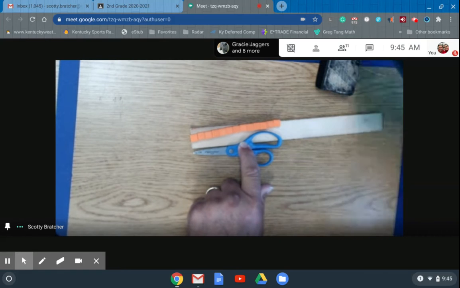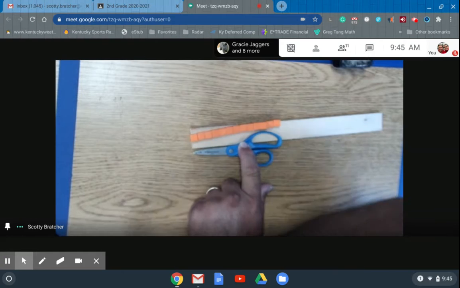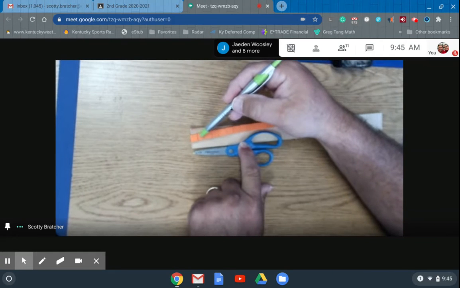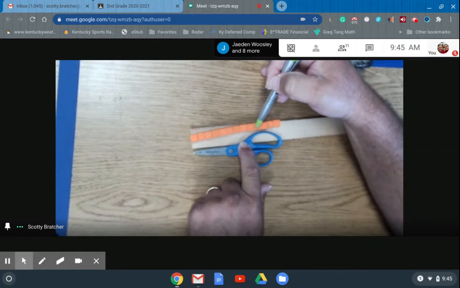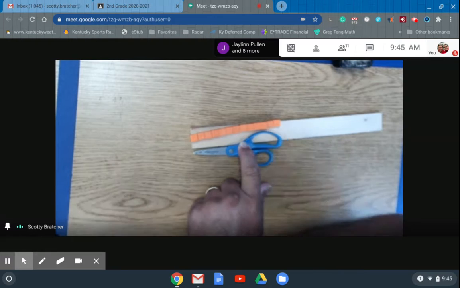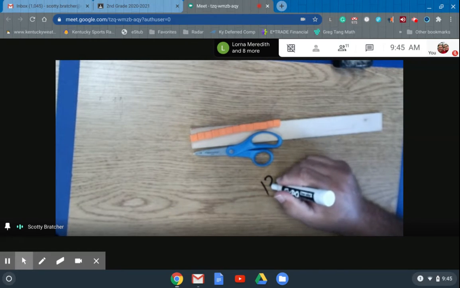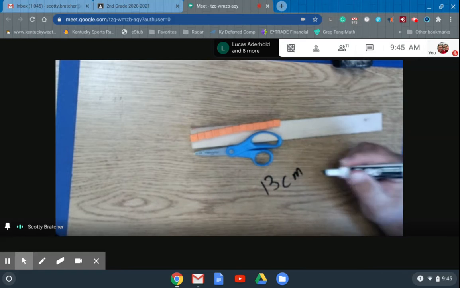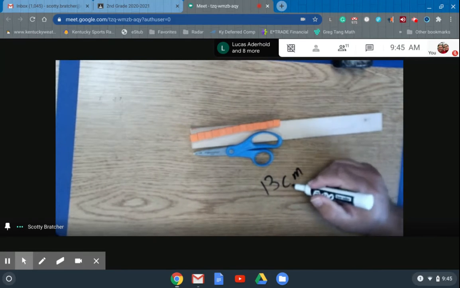So I'm going to count now. I'm going to go 1, 2, 3, 4, 5, 6, 7, 8, 9, 10, 11, 12, 13. So I'm going to put 13 centimeters. This is the abbreviation for centimeters, so I don't have to write that whole long word.